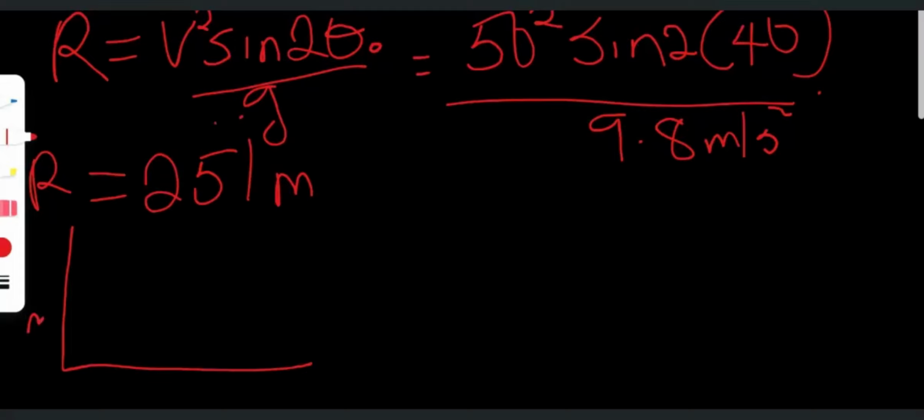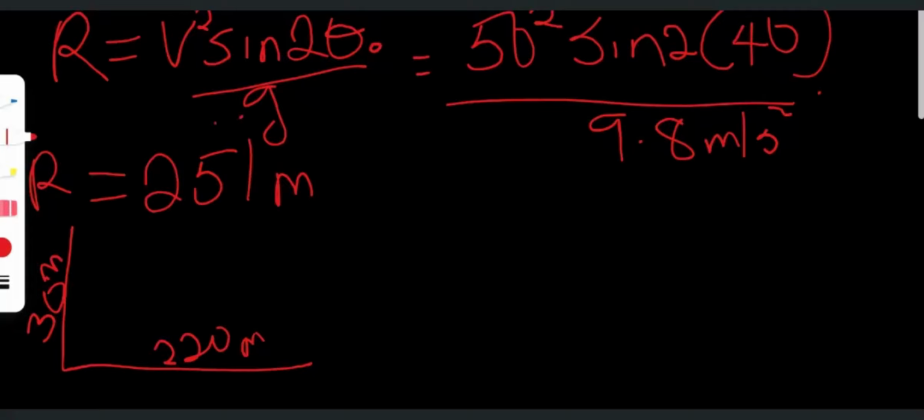So we need to make sure that the cannonball's height is less than 30 meters at the point where its horizontal displacement is 220 meters, so that the ball actually hits the wall rather than flying over it.